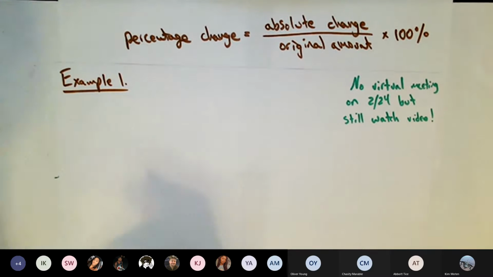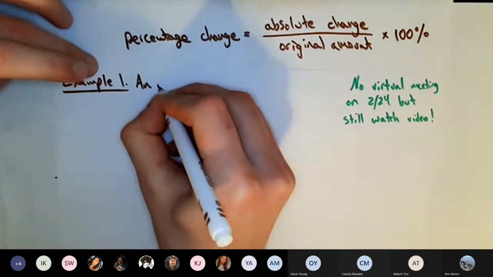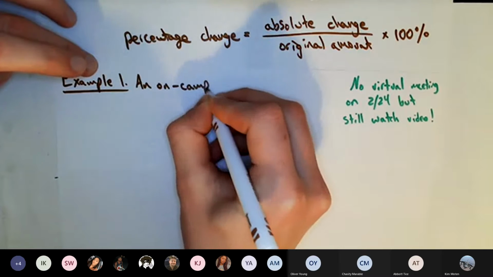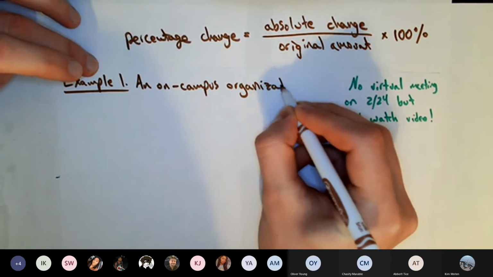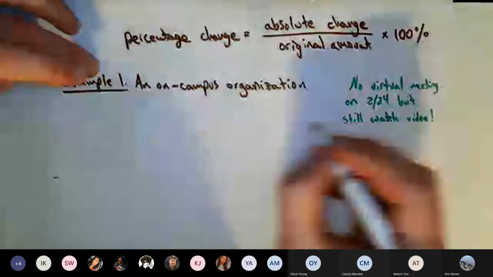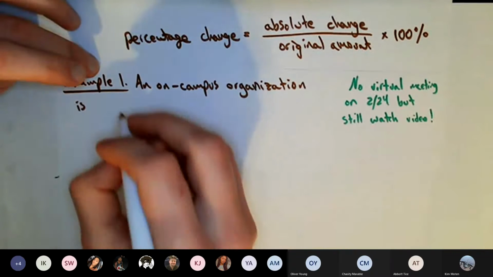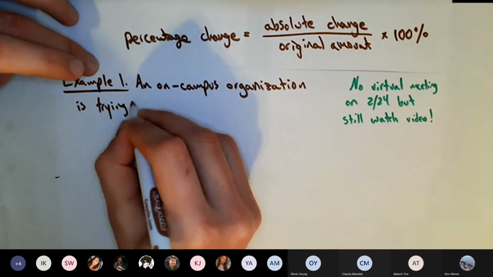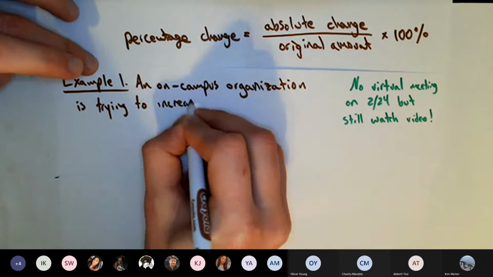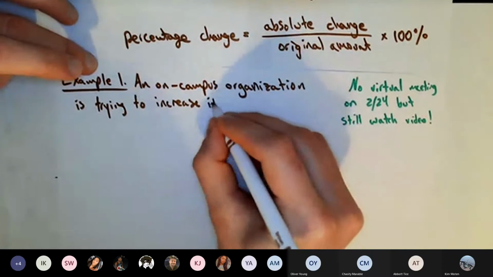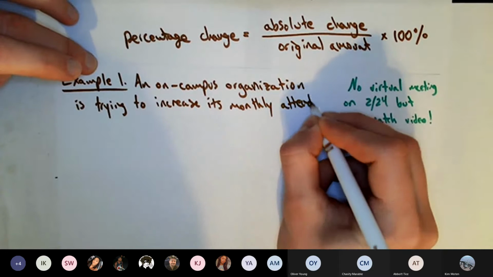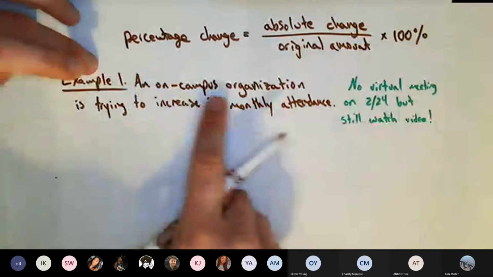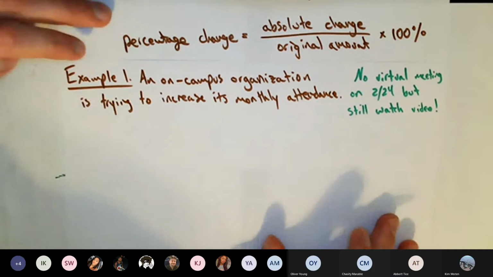Okay, so example 1. From the text, an on-campus organization is trying to increase its monthly attendance.